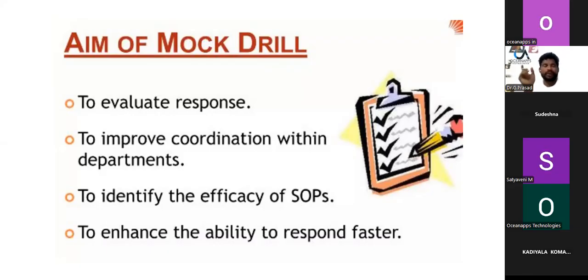Second one, to improve coordination within the department, because if anything happens in the production department, the production people have to inform the safety department, and then from the safety department it goes again to that department. We have to do immediate emergency responses.